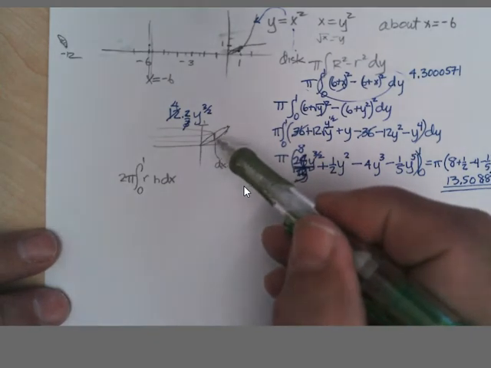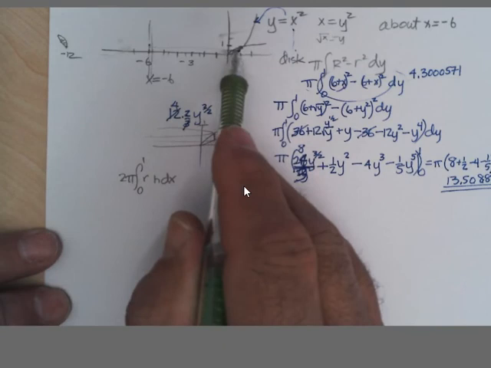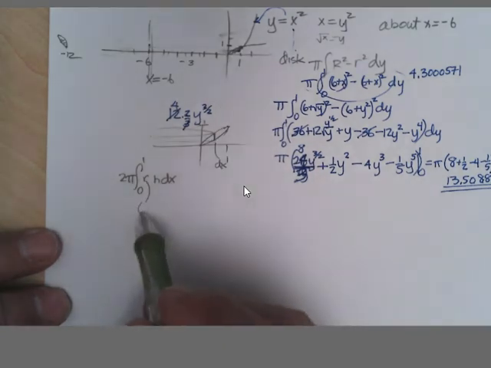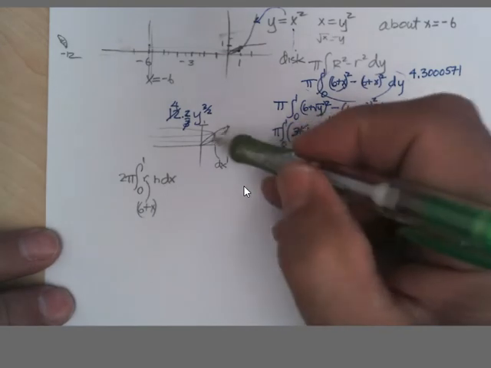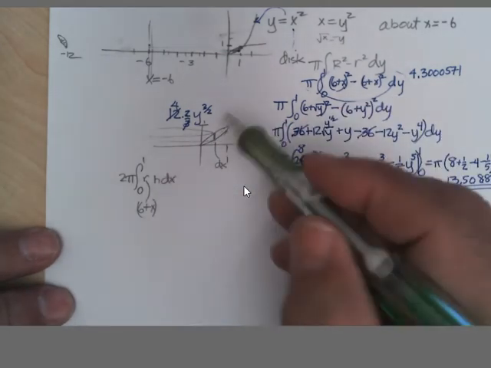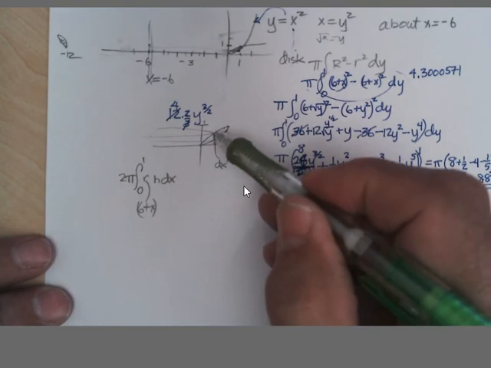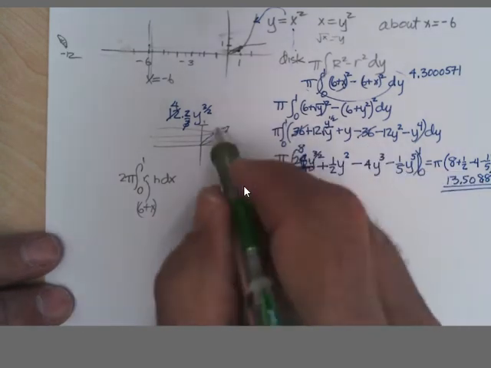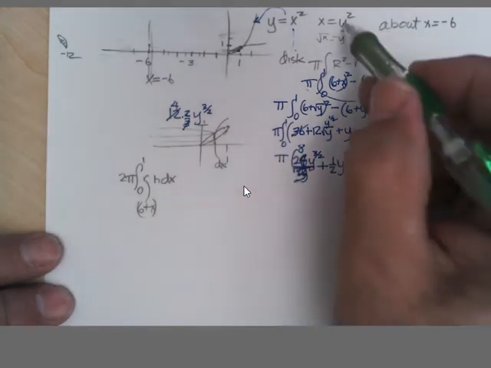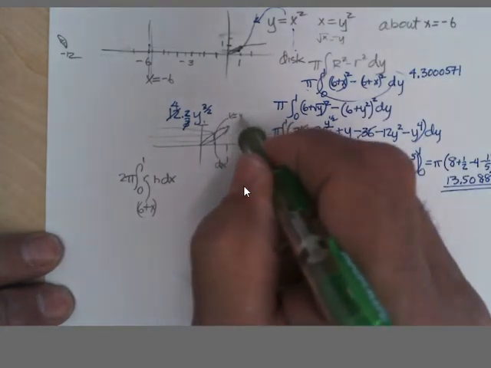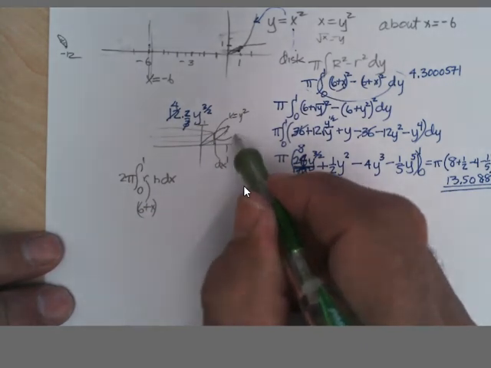The radius is going to be 6 plus x. Well, that's good because that's in x. The height will be the y to there taken away from the y to this one. The y to this one is the square root of x; it's x equals y squared, and the height on this one is x squared.